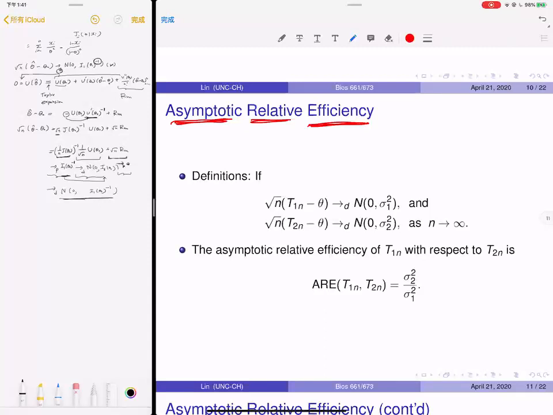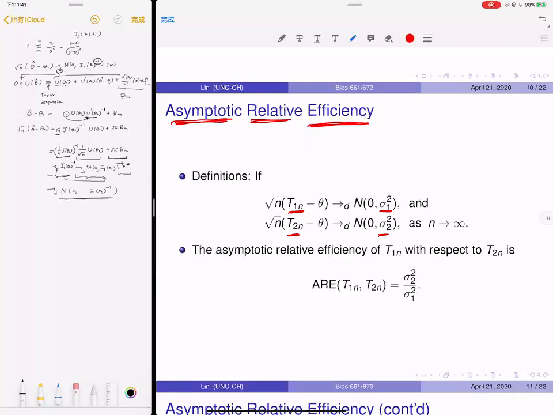Unbiased estimators. Consistent estimators. Okay, so for example, one consistent estimator T1n has sigma 1 square as a limiting variance, and then T2n, another consistent estimator, has a limiting variance of sigma 2 square.